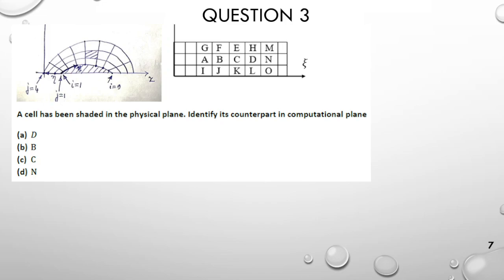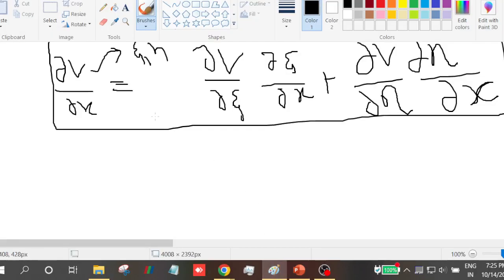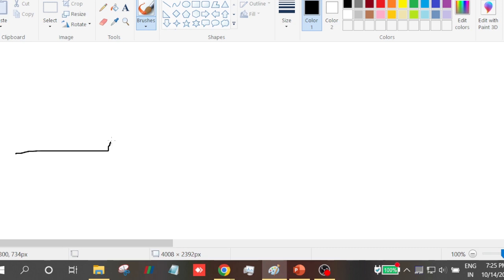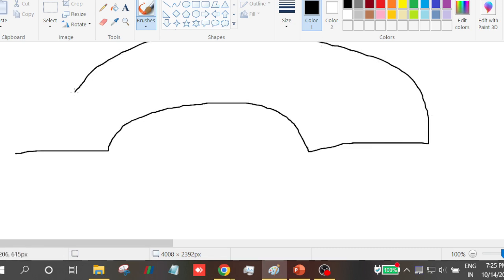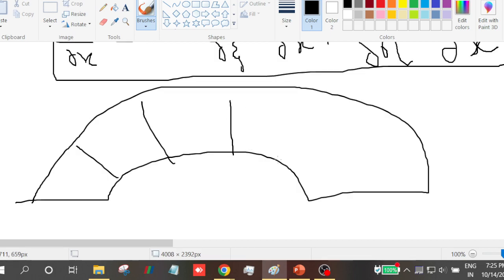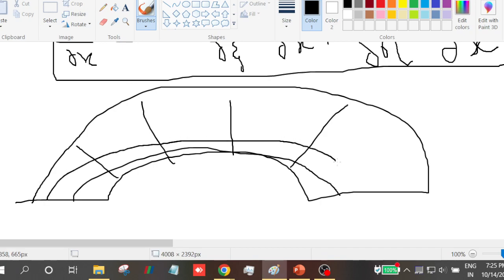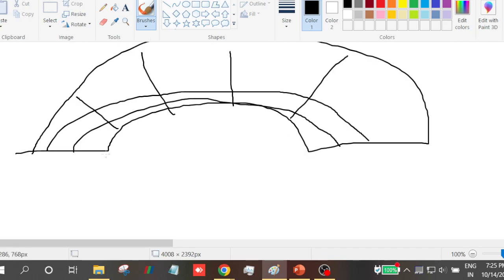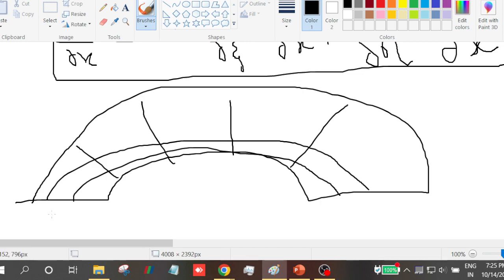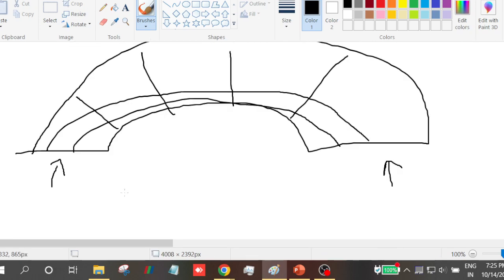Okay, so it's just like you have to imagine an animation kind of thing which is going on. Here we have a physical space which looks like this. Now just imagine that you are putting some force on this particular end, and similarly you are putting some force on the right end, so that it will go from horizontal to perpendicular.